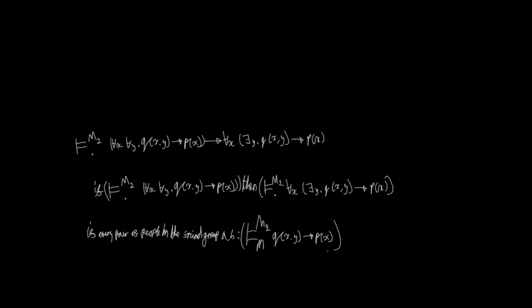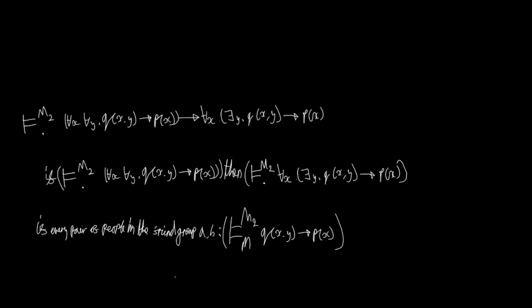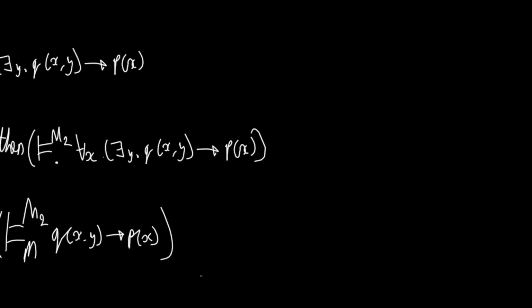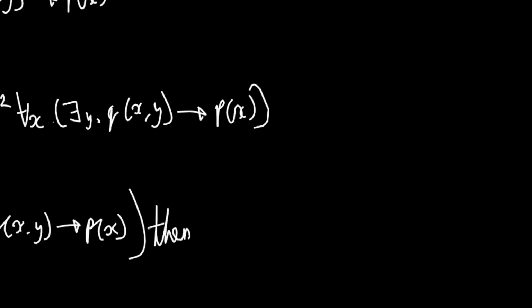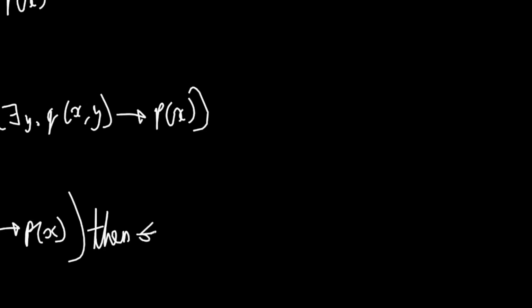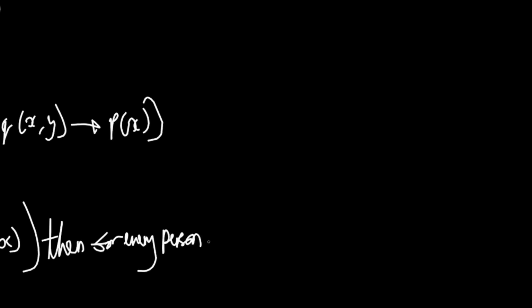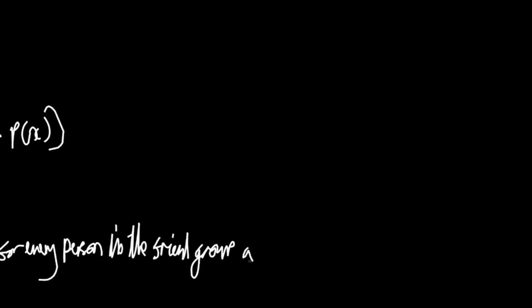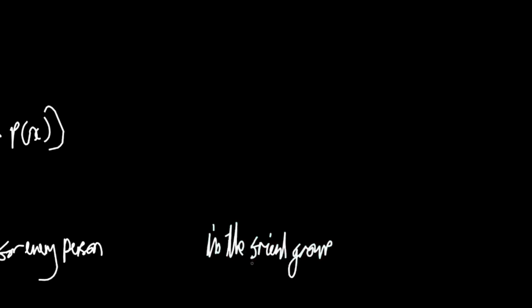So if for every pair in the friend group AB something, then for every person in the friend group, every person A in the friend group, if that makes sense. It's kind of a mess.